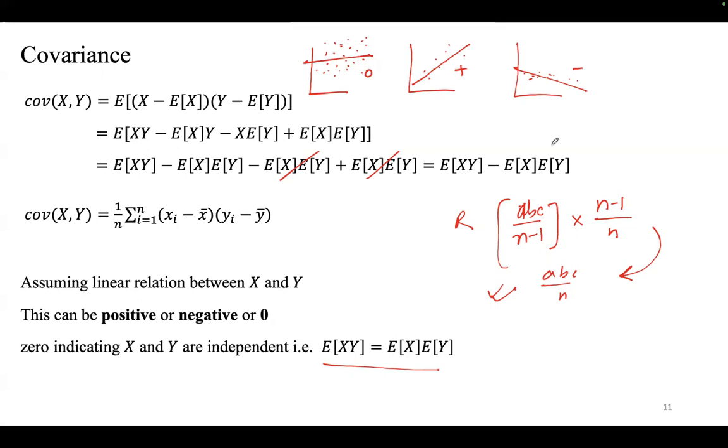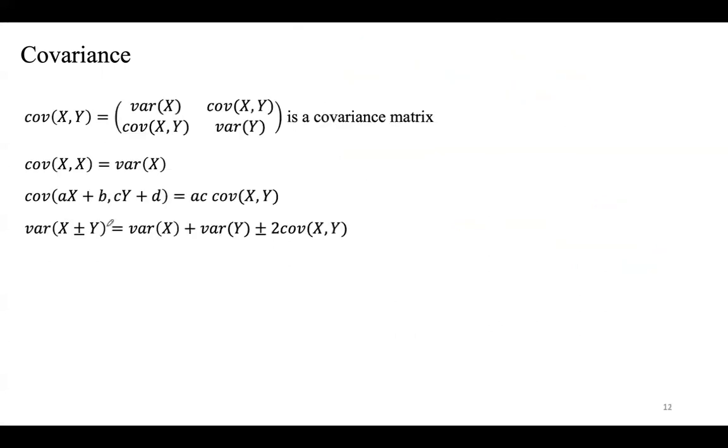Now I have a few questions for you. But before we go to the questions, there are some more things. There's something called a covariance matrix. We're not talking too much about how this is going to be useful. It will come up in some of the upcoming lectures a little bit, but we'll see to it when it comes. So you have a 2 by 2 matrix.